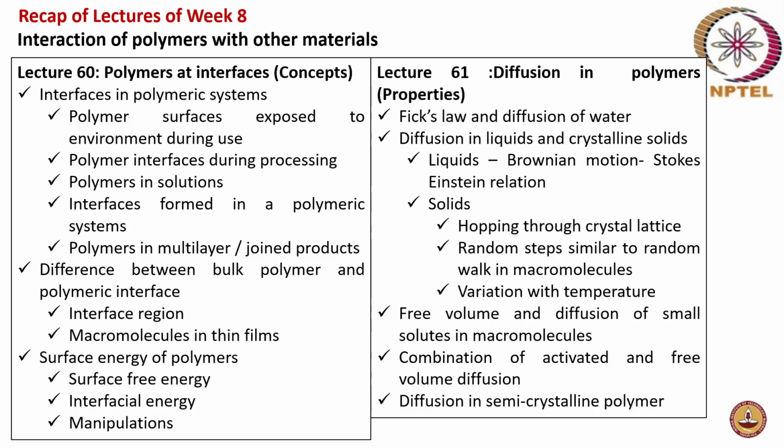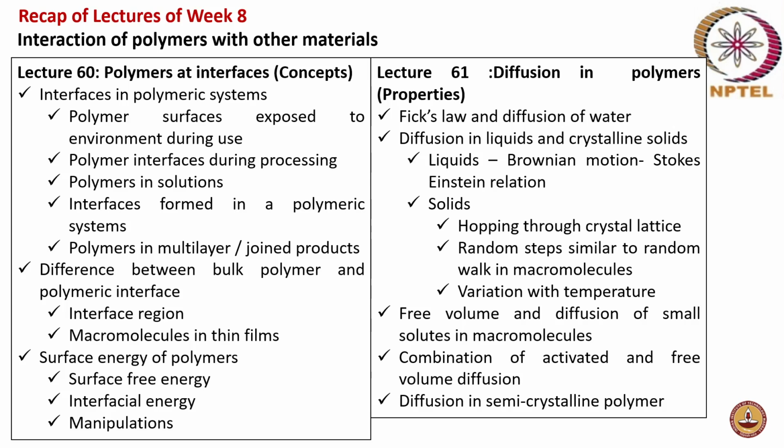Next, the final lecture of the week was on diffusion in polymers. This was again a property based lecture. So Fick's law of diffusion and diffusion of water through different substances, like diffusion of water vapor through air, diffusion of water vapor through a water ethanol system or through quartz. So these were all discussed. And then how is the diffusion in liquids and solids. For example, in liquids, the diffusion is based on Brownian motion, which has a Stokes-Einstein relation.